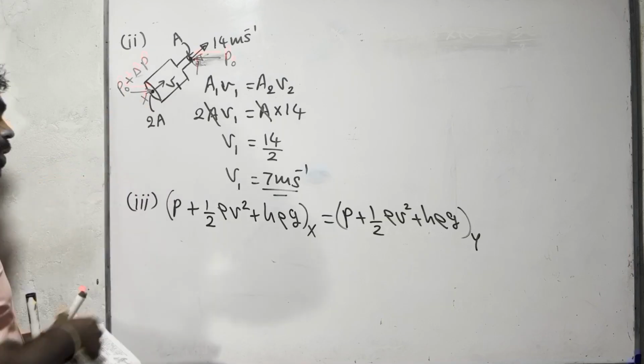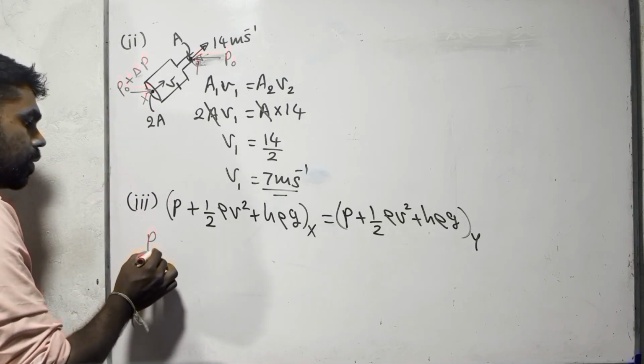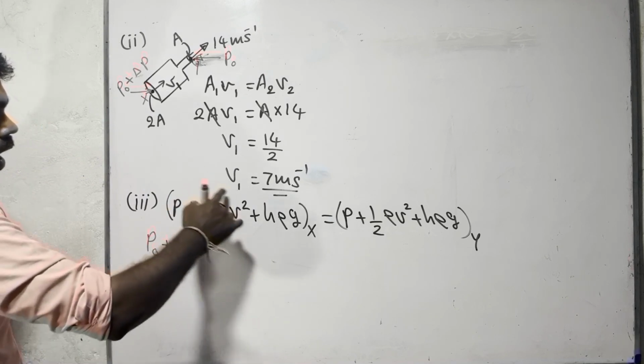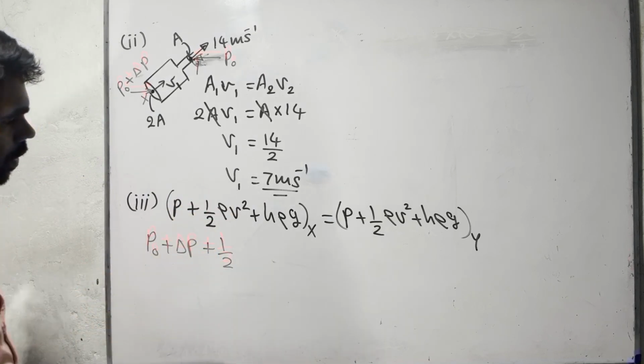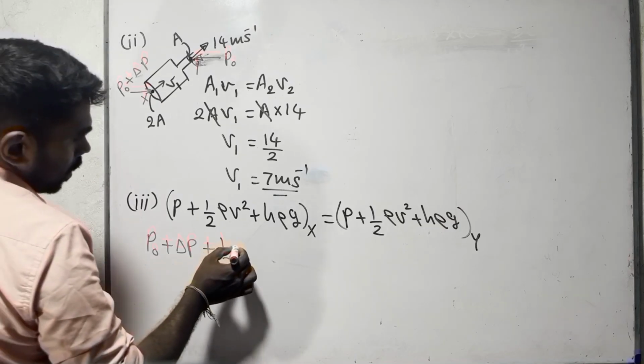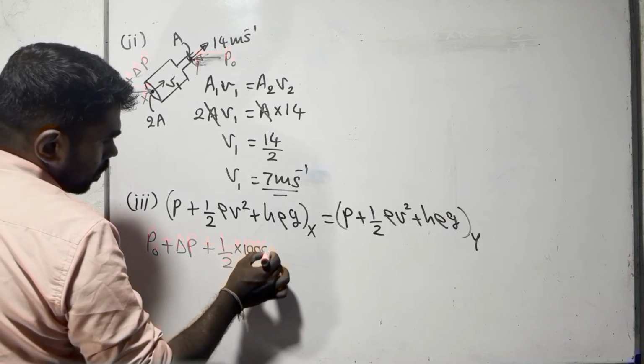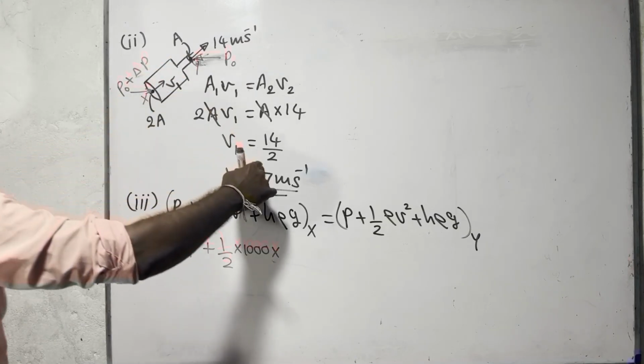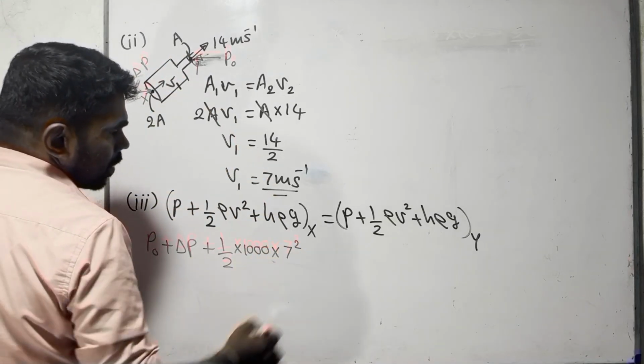Pressure at x, P naught plus delta P, plus half, density of water is given as 1000, square of velocity, we know that velocity at this space is 7 squared.